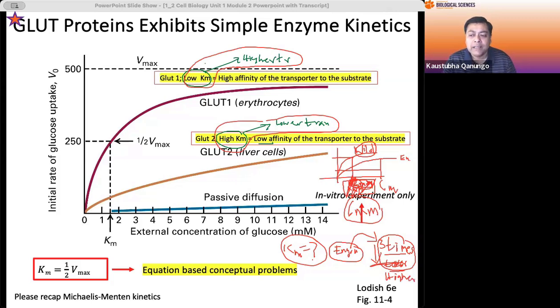Then what will be the Km? All you do is take 6 millimolar and divide by 3, and you get 2 millimolar. Make sense?